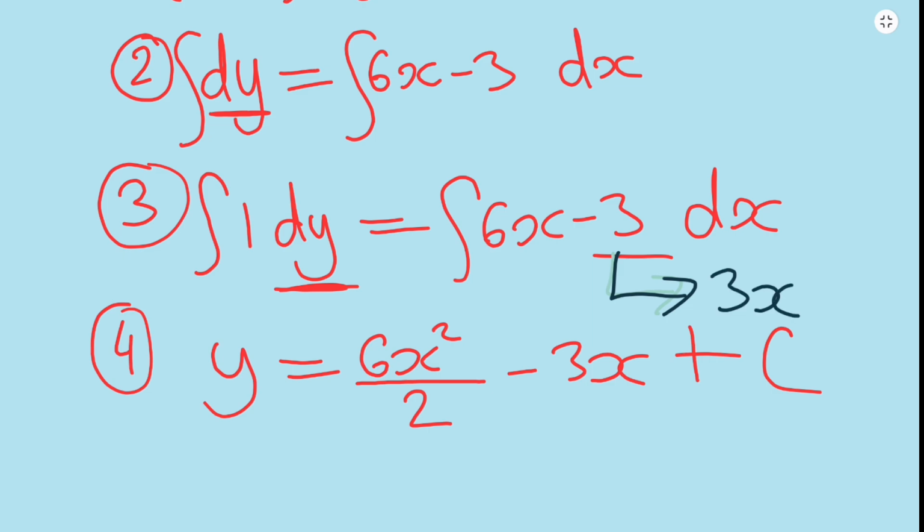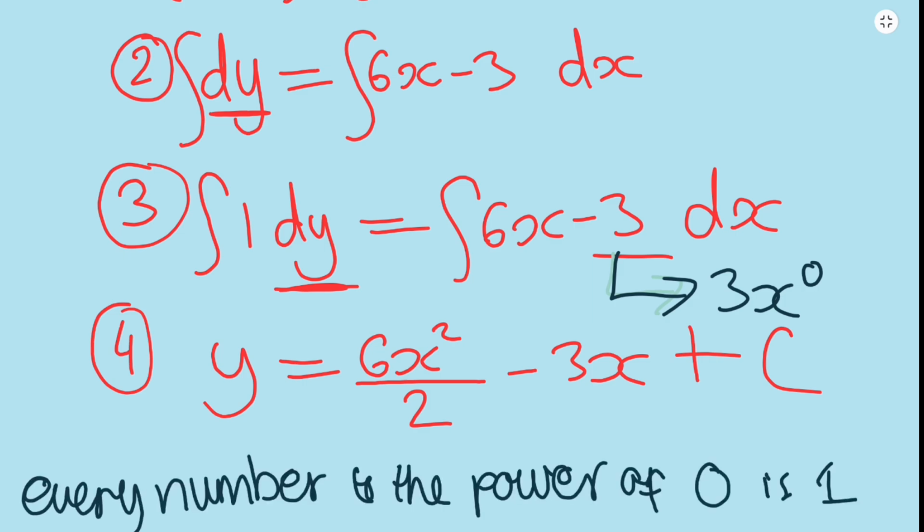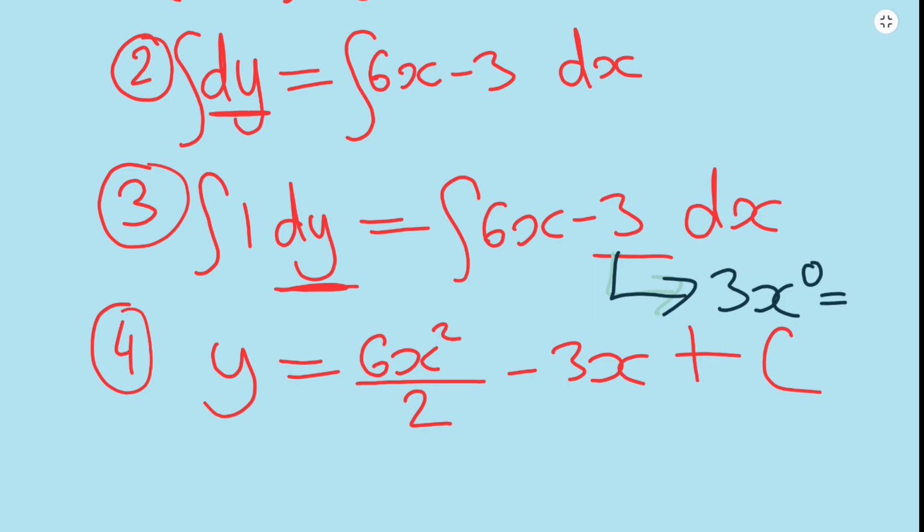So we have 3x, but it's to the power 0. And every number to the power of 0 is 1. So knowing that, it will just be 3 times 1, which is 3. And that's how we get that 3 on its own there. But it's still logically multiplied by x, in terms of x.